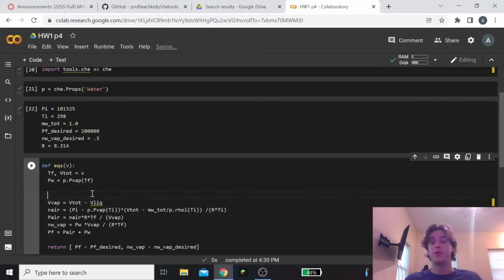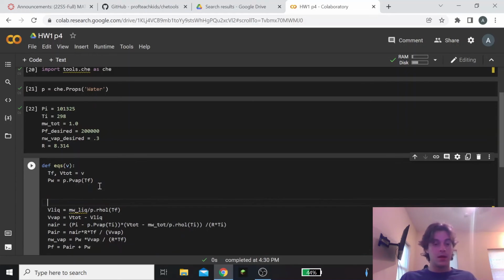Now we need to define the volume of our liquid. So the volume of our liquid water was equal to the mass of liquid water over the density of water at the final temperature. Again, we'll use P dot rho L for density of a liquid, and we'll do it at the final temperature. Now we need to define the mass of our liquid water.